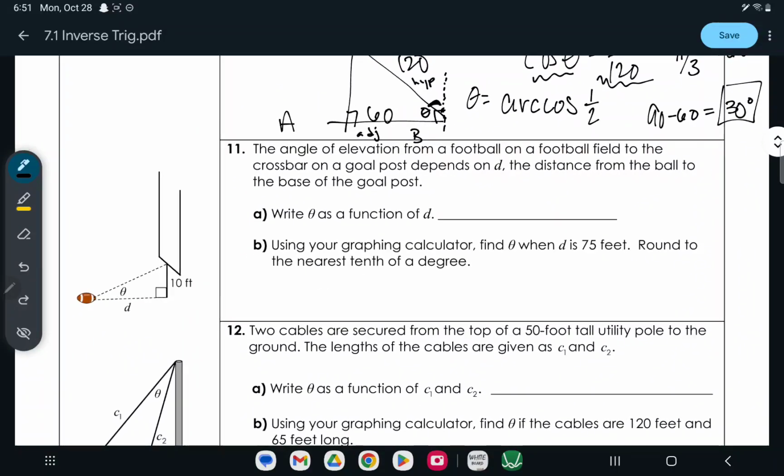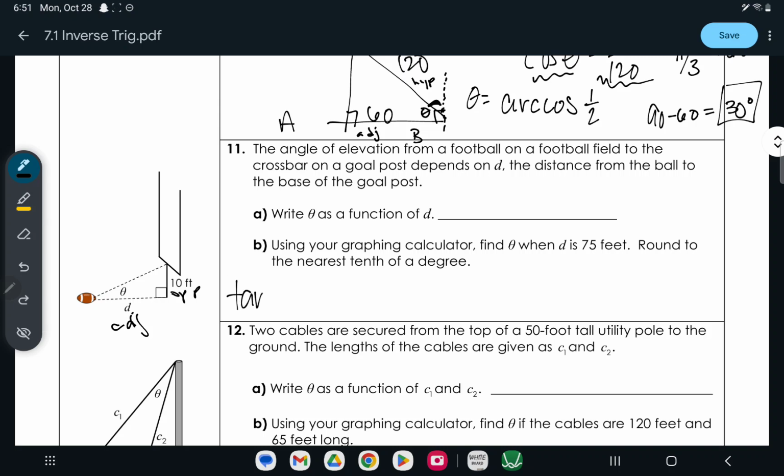The angle of elevation, oh, we got a nice little picture over here. Football field to a crossbar goalpost depends on the distance from the ball to the base of the goalpost. Write theta as a function of d. So this is opposite and adjacent. So that's going to go with tangent.